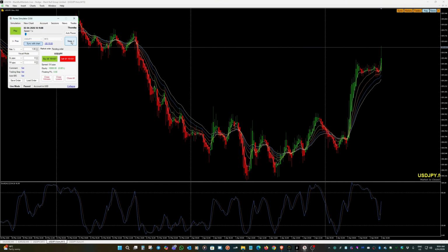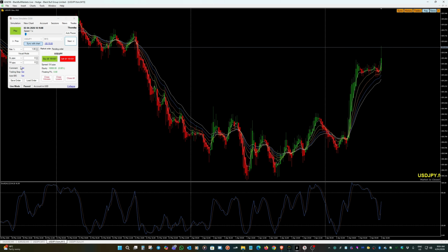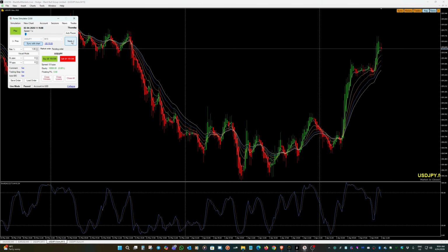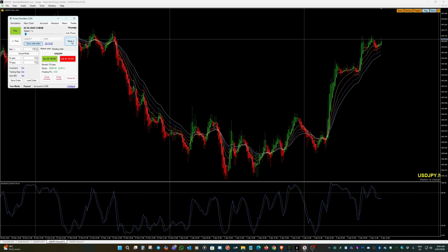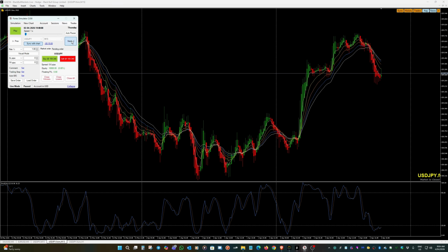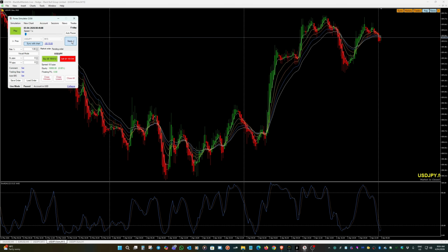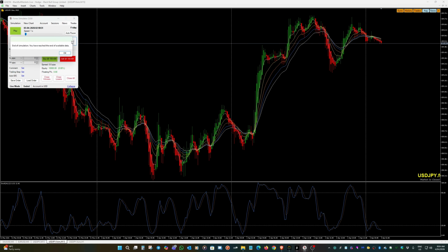We want to pull back into the moving averages. So here is a better setup. We've got a change of direction again. Looks like a double top, so let's see if we're going to get shorts.